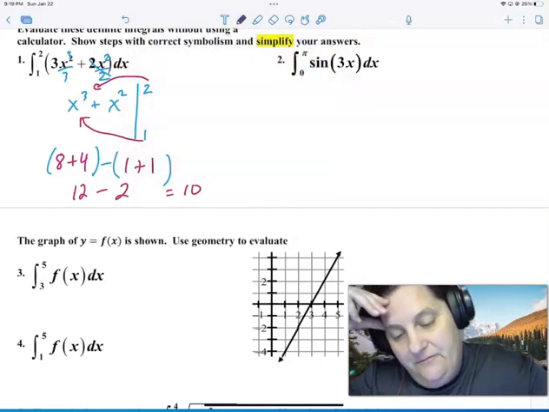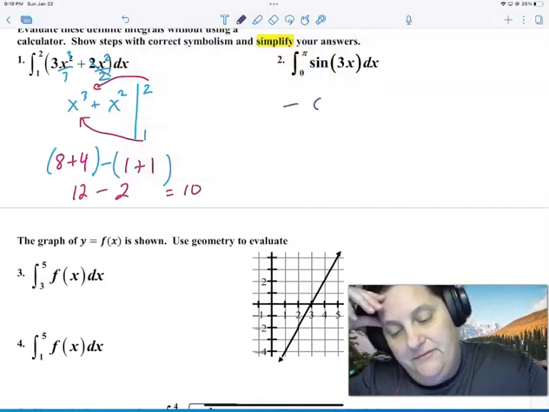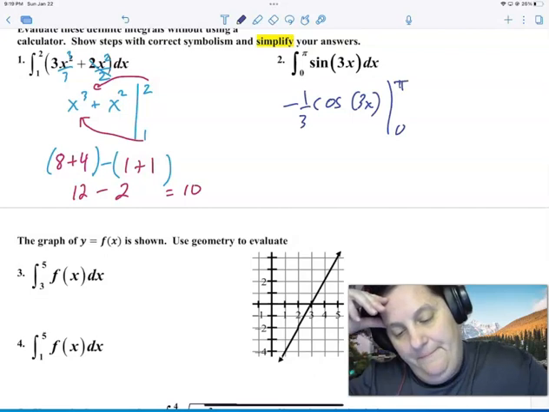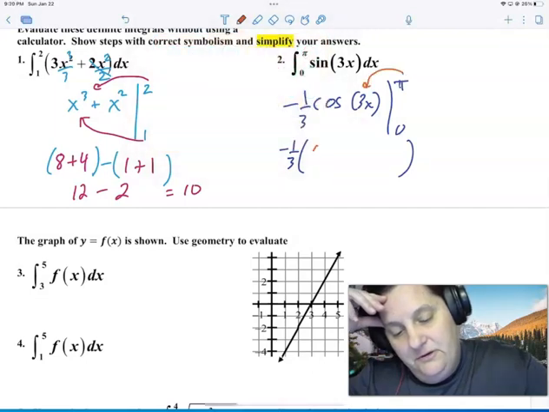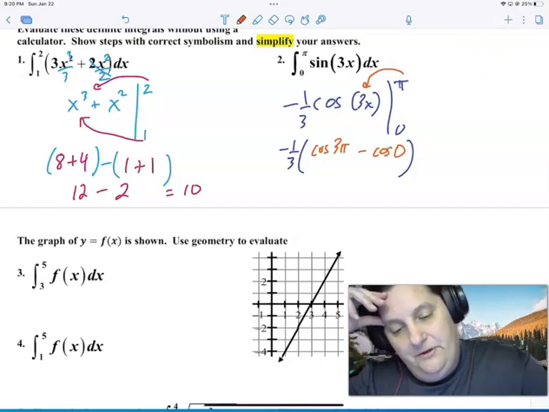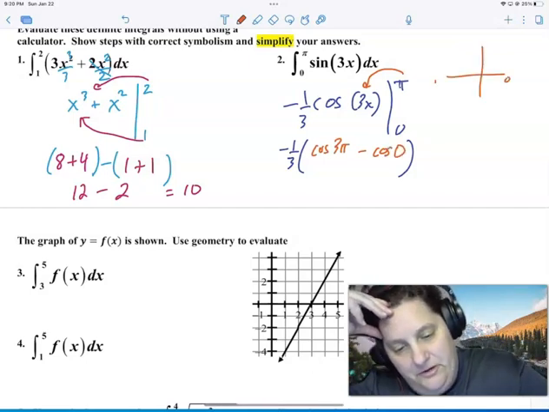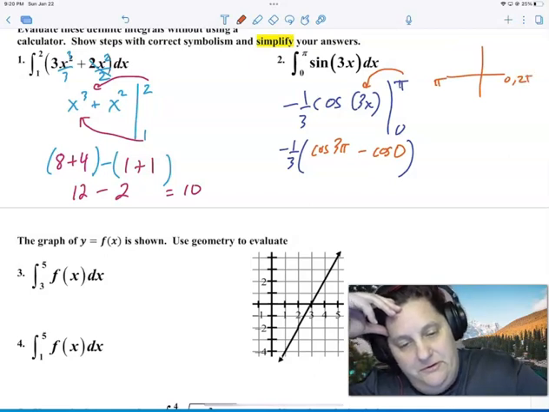Okay, this is a reverse chain rule. The integral of sine is negative cosine. I need to have a 1/3. Okay, so it's negative 1/3. And then I'm going to do this. Cosine of 3 pi minus cosine of 0. Now, really quickly, you guys, if you think about your unit circle, where it goes like 0, pi, 2 pi, then this is also 3 pi.